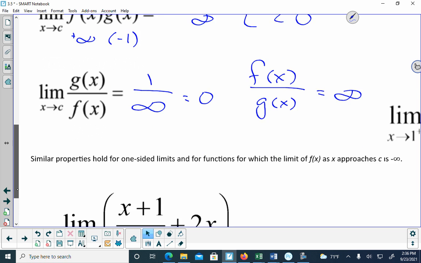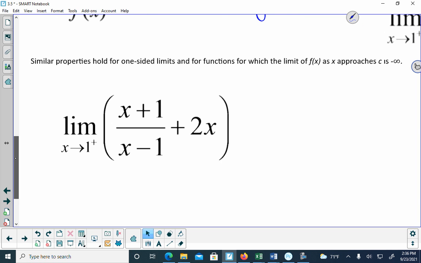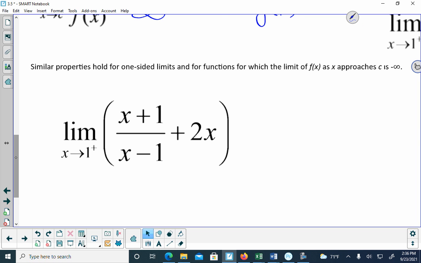All right, so if I give you something like this, and I ask you to find the limit, you can still follow those properties, if that makes sense. So this one, if I put in 1, again, it has a plus sign, so I'm saying from the right. So if I'm approaching 1 from the right, I don't know why this is on the slide now that I'm thinking about it. That would be like, what are we going to use? 1.1.